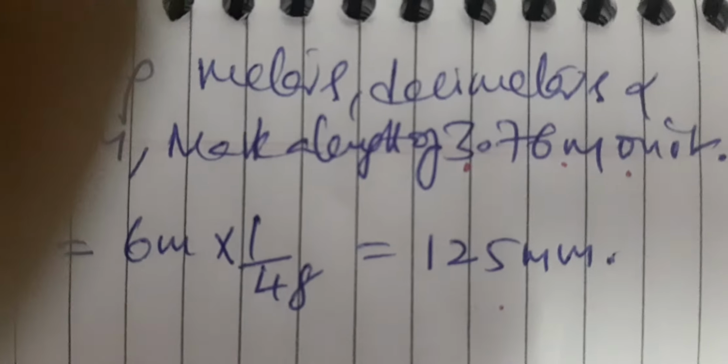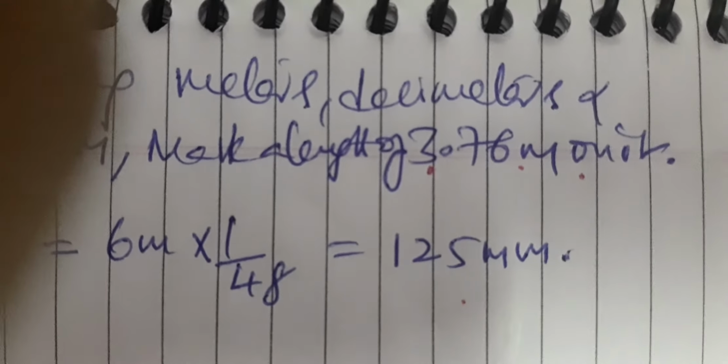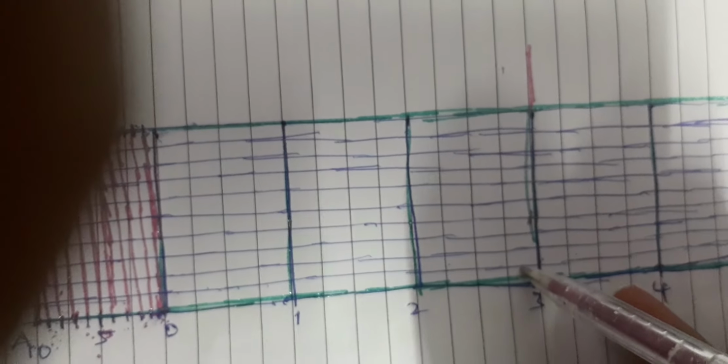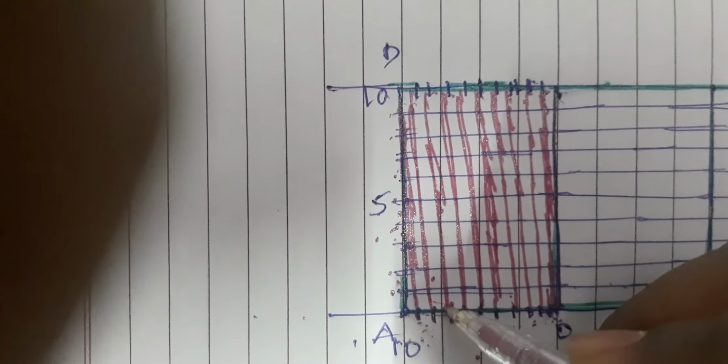Now on the seventh line identify the sixth position, as we need to dimension 3.76 meters on the scale. This one is fifth, this one is sixth. Now from this position draw the vertical.